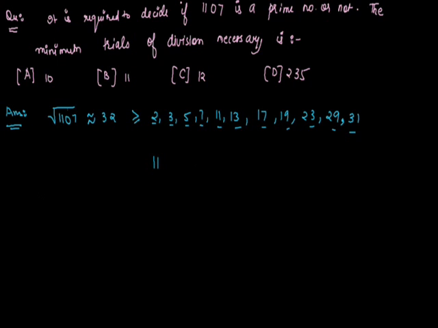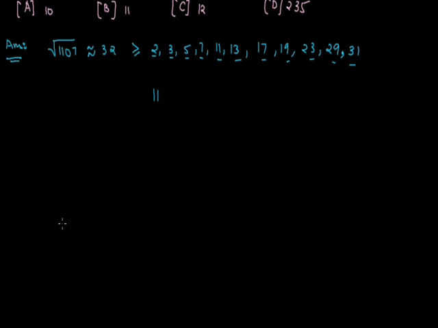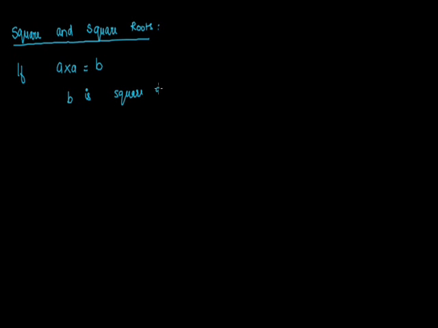Now the next topic which we are going to cover in this chapter is squares and square roots. If we say that a into a is equal to b, then we can say that b is the square of a and a is the square root of b.